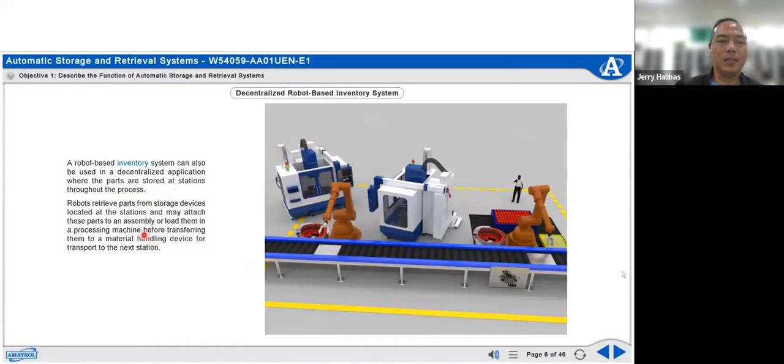So instead of one storage system, there are multiple storage systems. But in this case, you can see a horizontal pallet system.